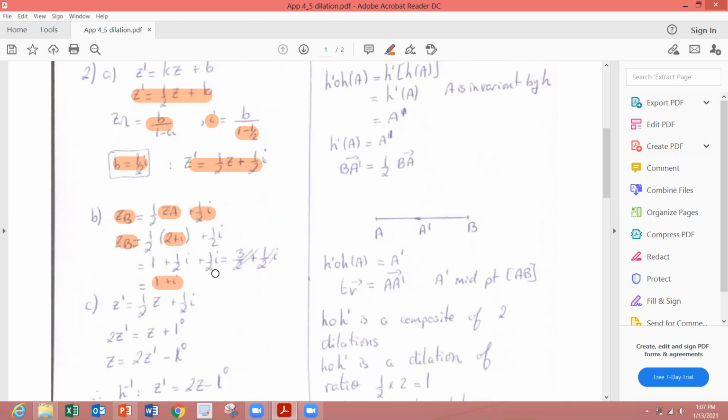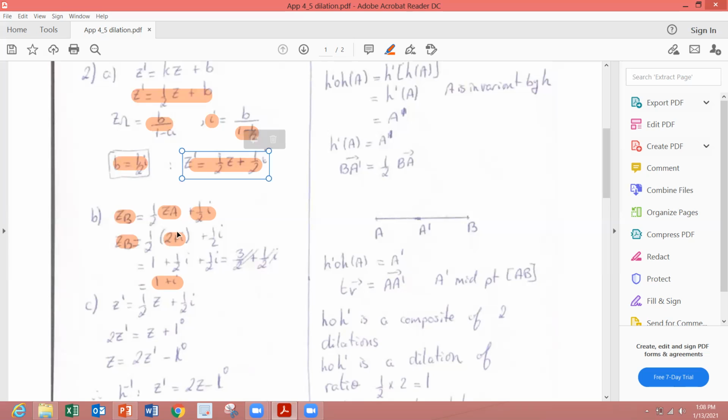اوكي شباب. شو صار أستاذ هون؟ I need to find the image of A by H. The image of A I need to find Z prime of B. The image of A is my B. I put ZB equal half ZA plus half I من هيدا الريليشن هون.